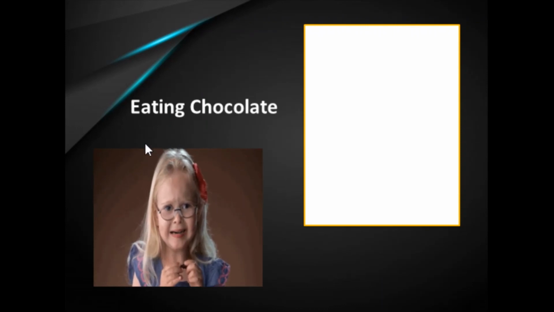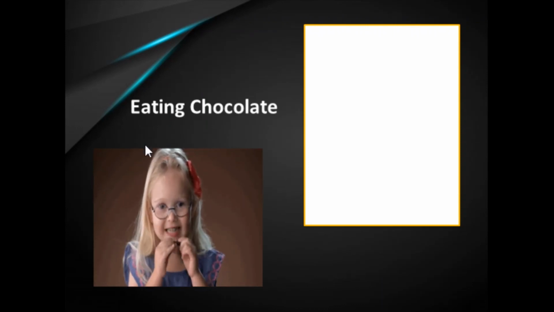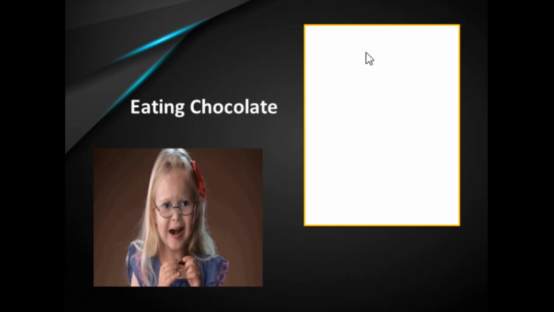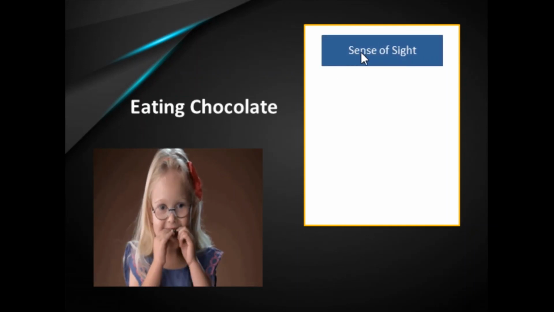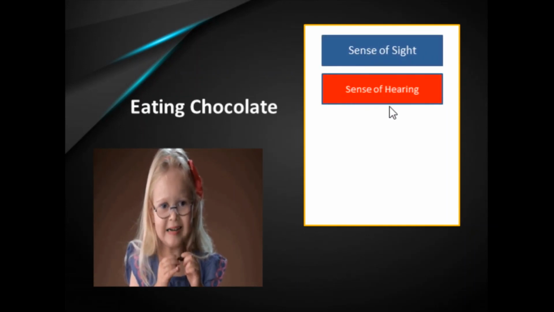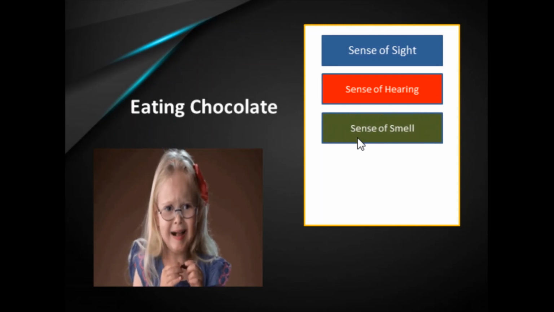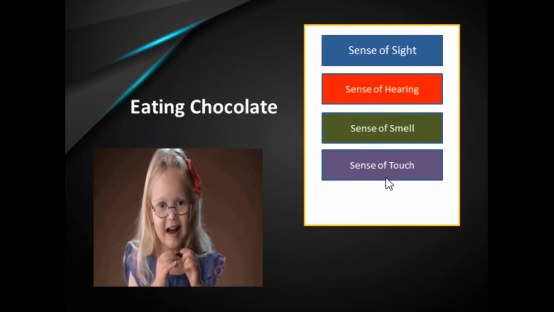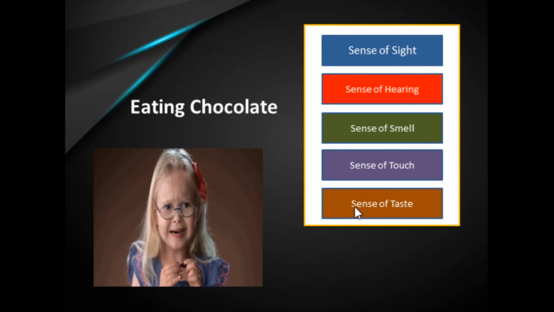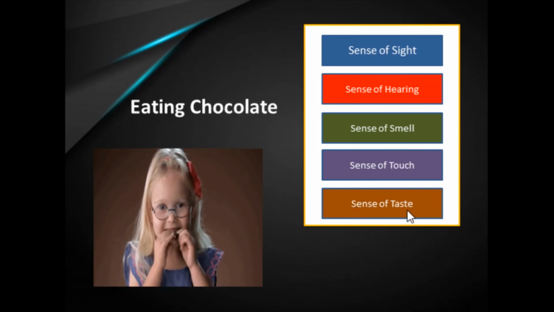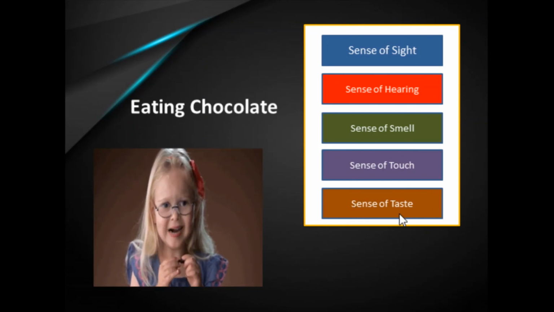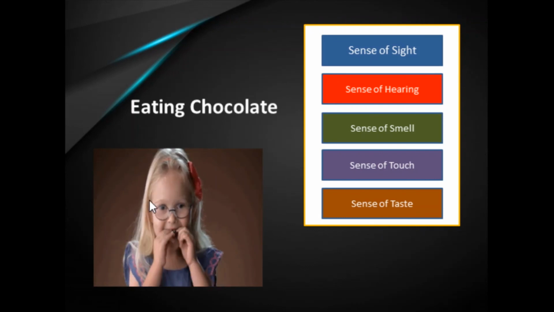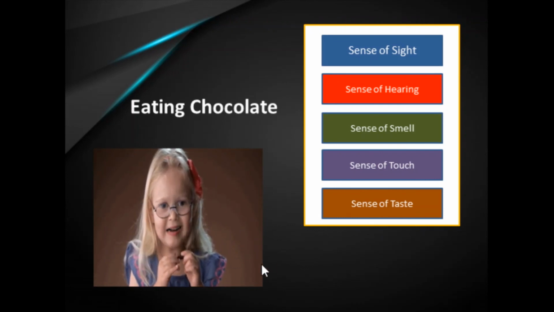Now, how about this one? Eating chocolate. Is it sense of sight, sense of hearing, sense of smell, sense of touch, or sense of taste? Look at the girl's face, her reaction while eating the chocolate.